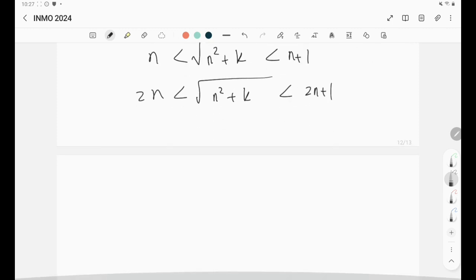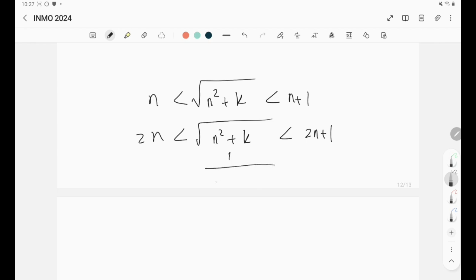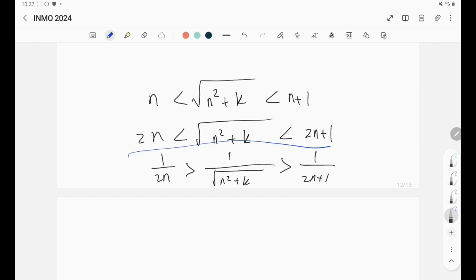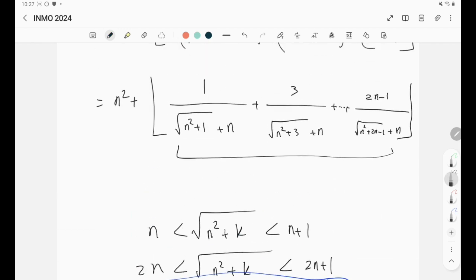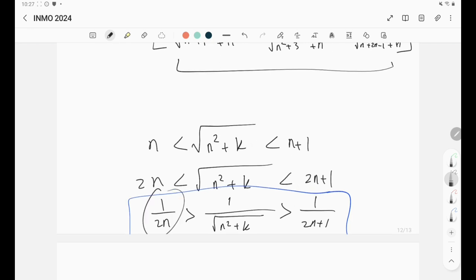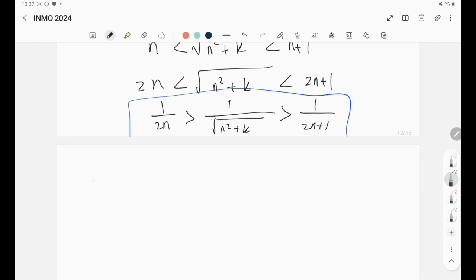So now if you take the reciprocal of this, you're going to get 1 over n squared plus k. This is going to flip, and this is going to flip. So now we have this nice inequality, and we can use it to our advantage here. Instead of each fraction, we're just going to multiply by these guys. So now we can say that the floor of an is bounded by, of course, n squared here and n squared here.